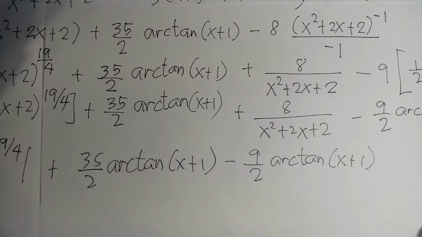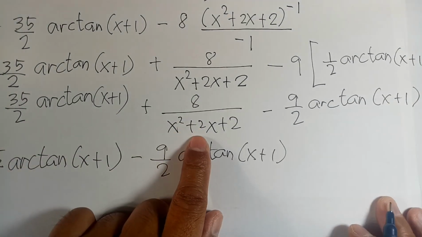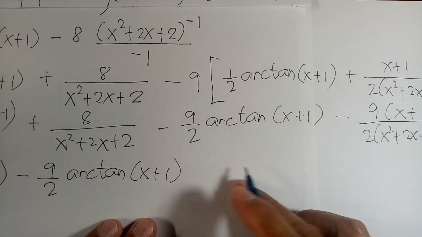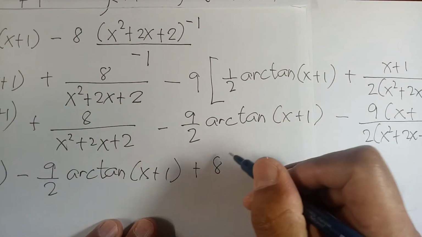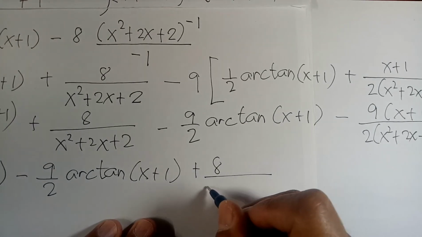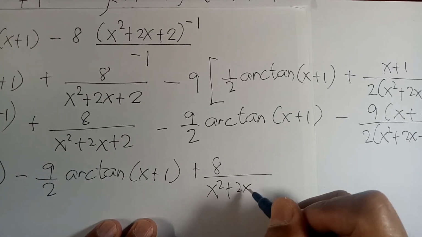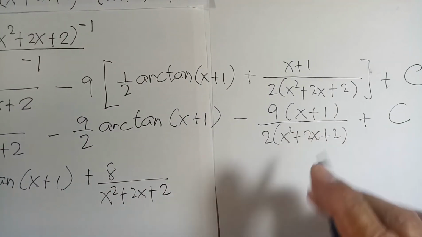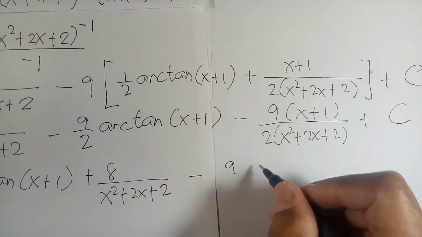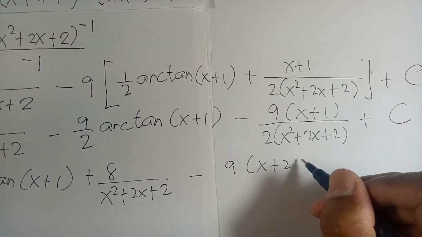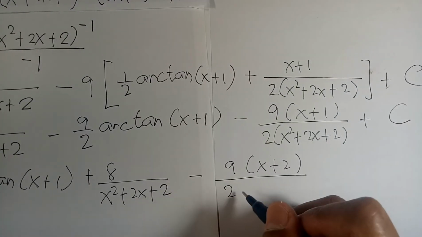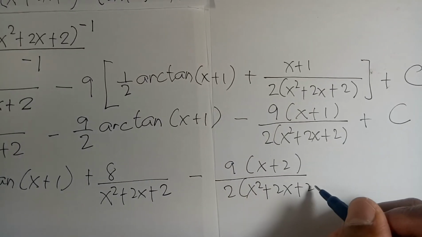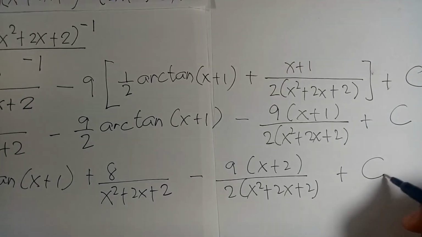Then we have 8 over x squared plus 2x plus 2, so plus 8 divided by x squared plus 2x plus 2. Then we have minus 9 times x plus 1 divided by 2 times x squared plus 2x plus 2, and then plus c. Okay.